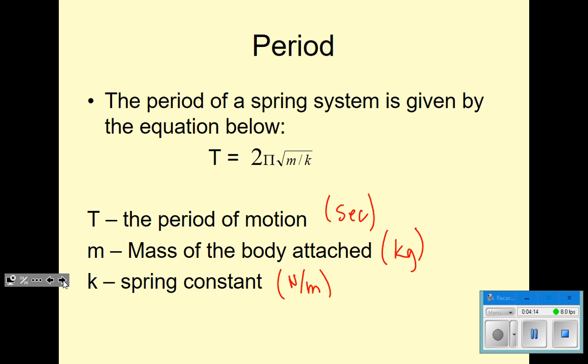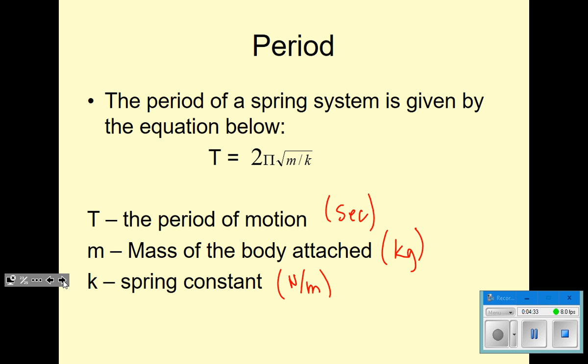It's the amount of time for one cycle or one oscillation of the spring. It is in seconds. And then M is the mass that's attached to the spring system, and it has to be in kilograms. And K is the spring constant or force constant, again, in newtons over meters.